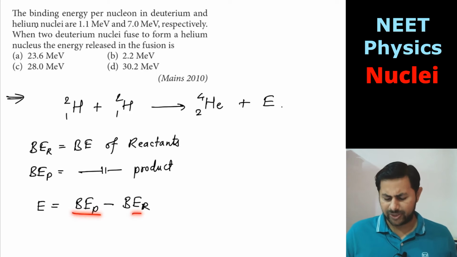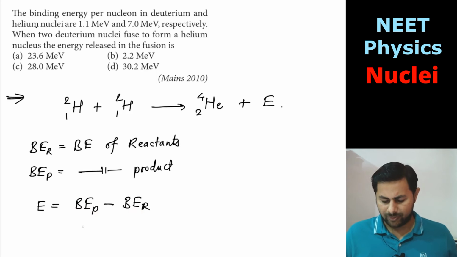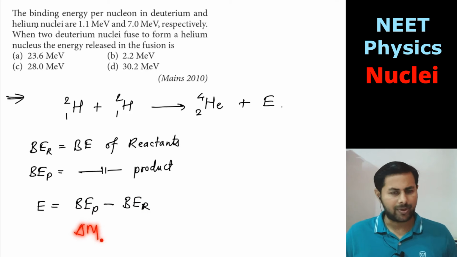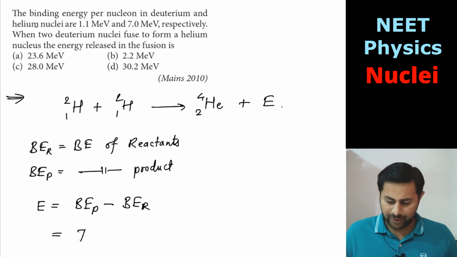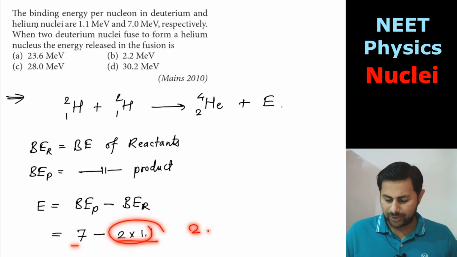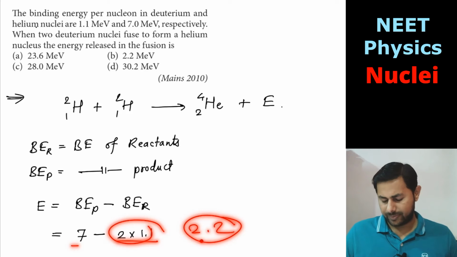If it was mass defect, then you will have mass defect of product minus mass defect of reactants into C square. So this is 7 minus 2 times 1.1, 7 minus 2.2, how much is it? 4.8, right?